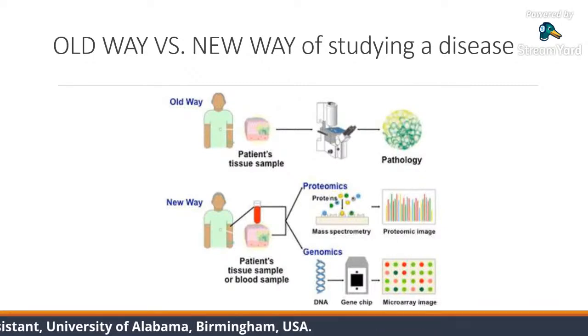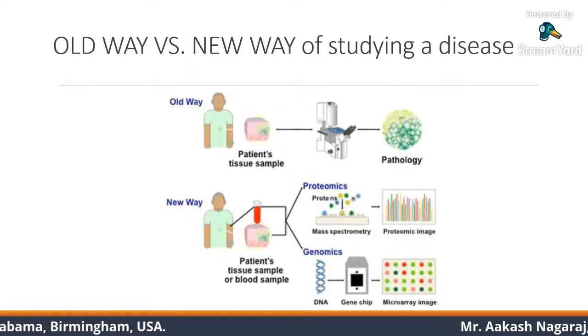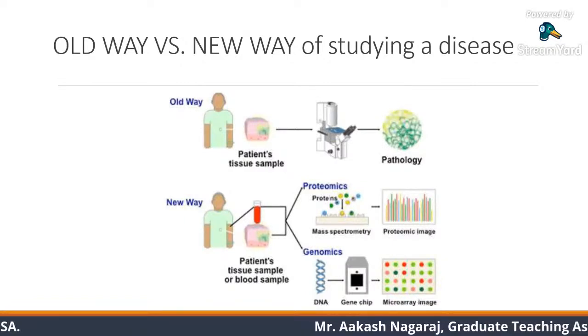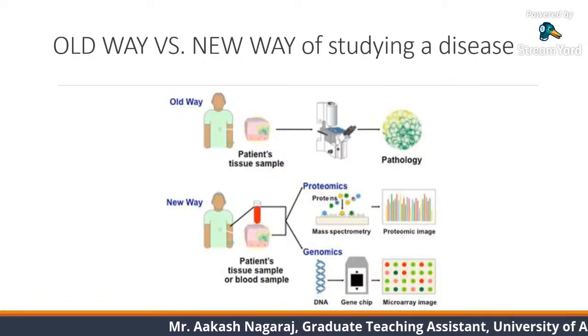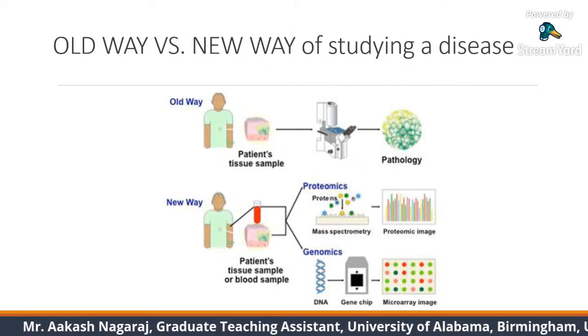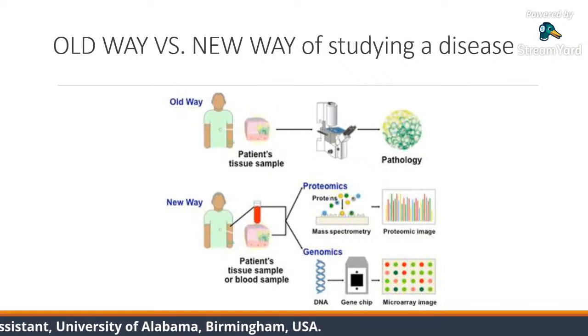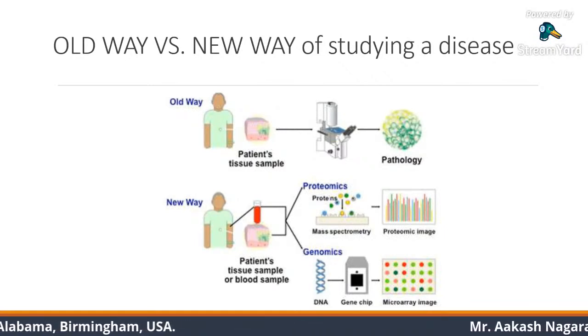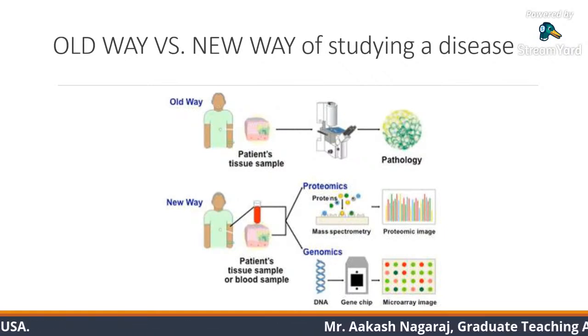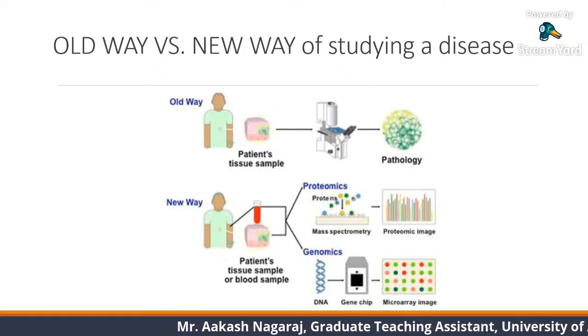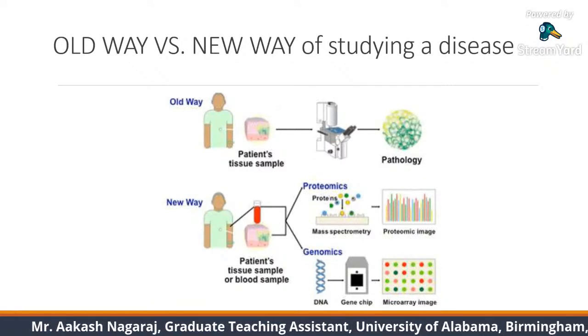Now we can take a biological sample from a patient, a tissue sample, and then we can do a lot of sequencing to find out the different proteins which are expressed, then get the genetic sequence, get the messenger RNA sequence and metabolomics.